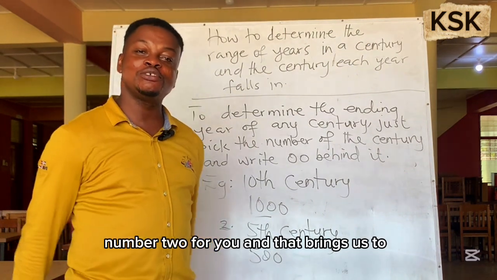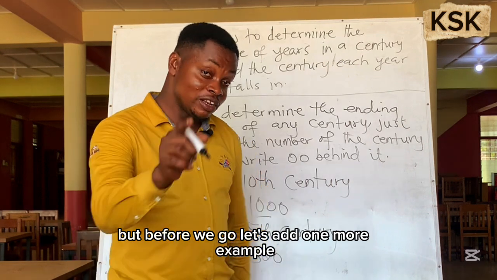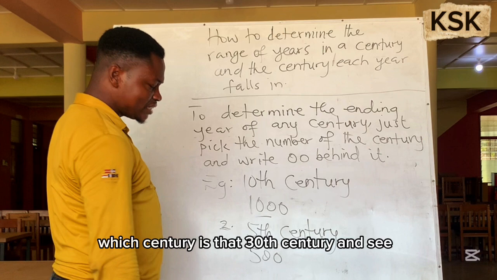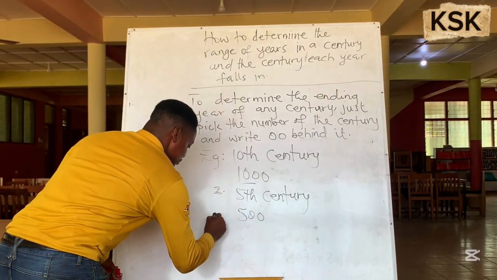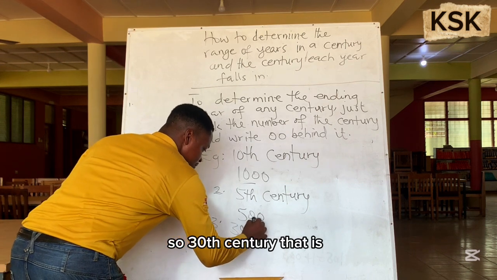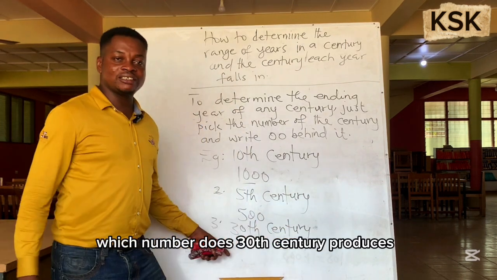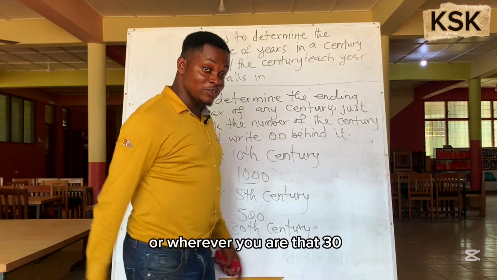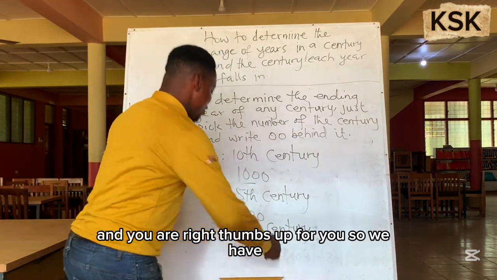That brings us to the end of today's section. But before we go, let's add one more example. Which century is that? The 30th century, example 3. Which number does the 30th century produce? I know you have said in your room or wherever you are that it is 30, and you are right. Thumbs up for you.